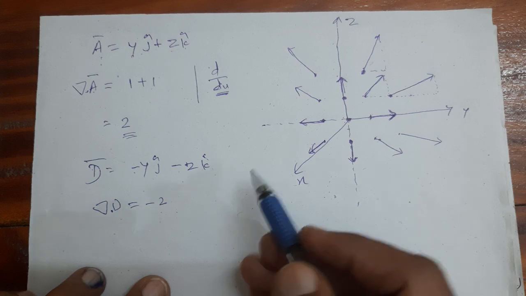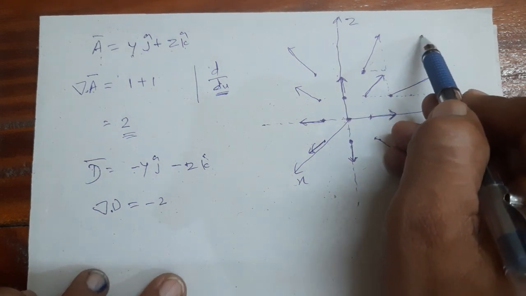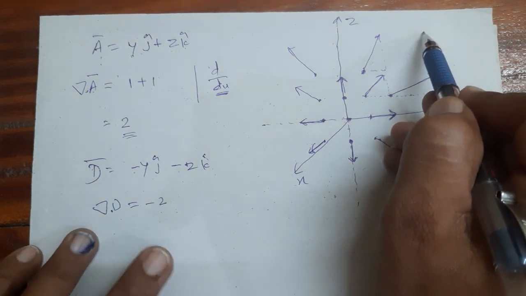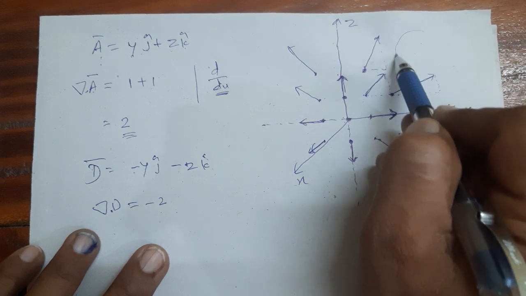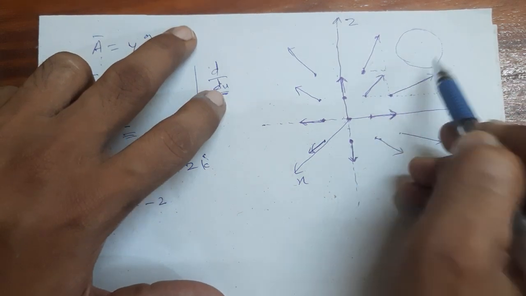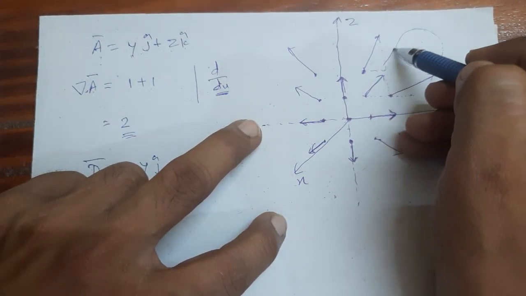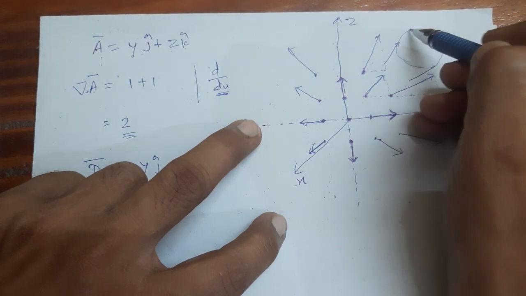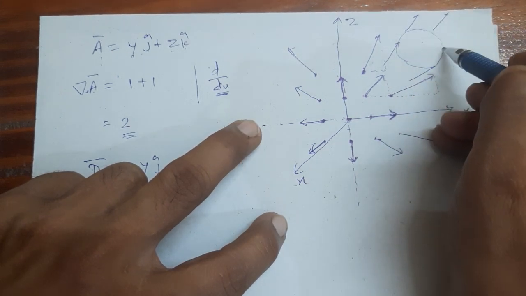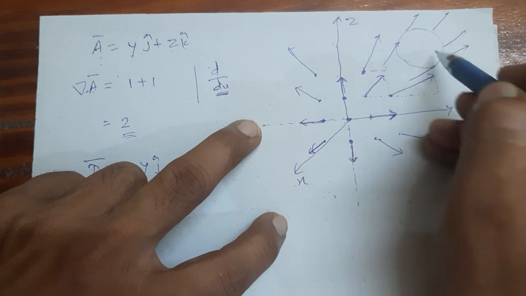Now it has to do something with the flux entering a particular volume and the flux leaving the particular volume. For example, if I think about a certain volume somewhere here, you will realize that a few lines are entering this and a few lines are leaving this, correct? Therefore it has to do with flux.